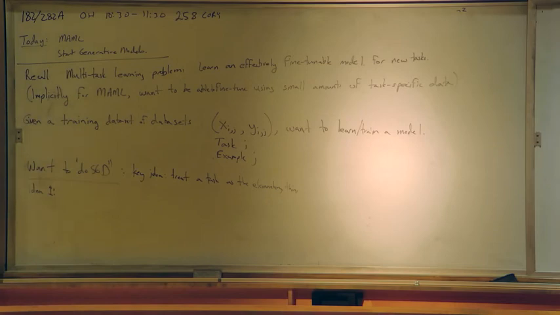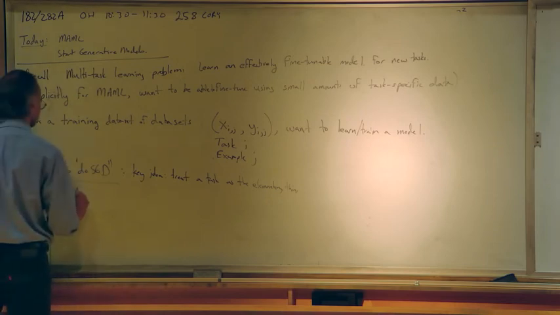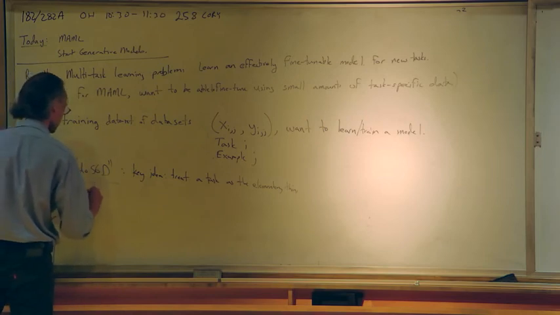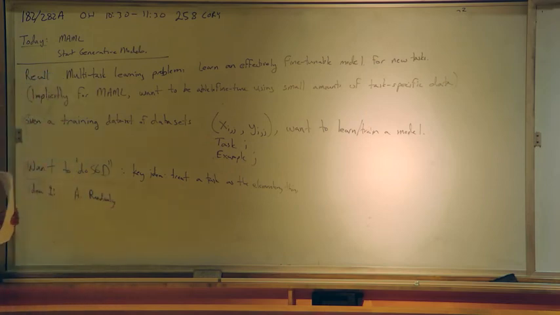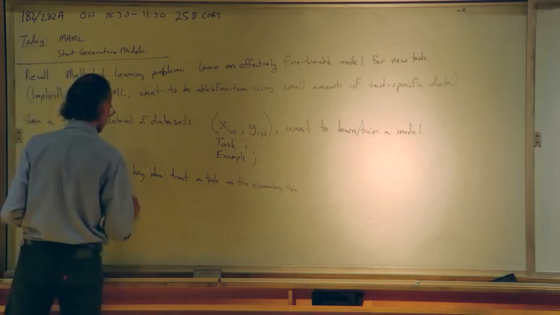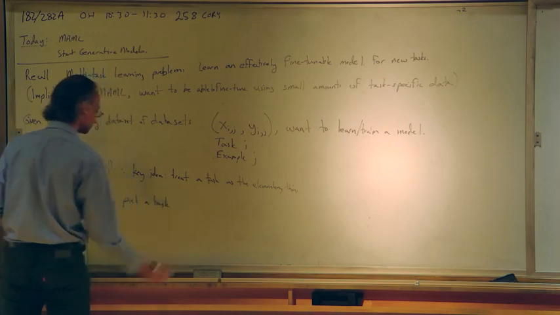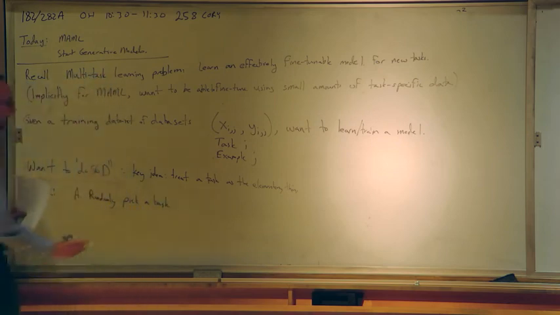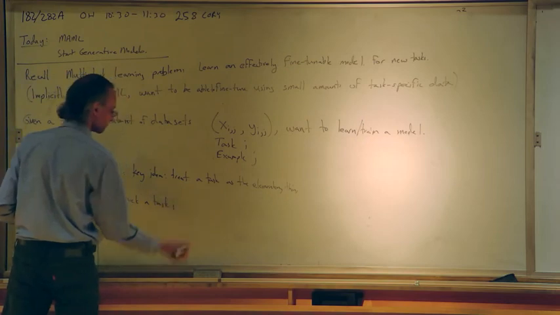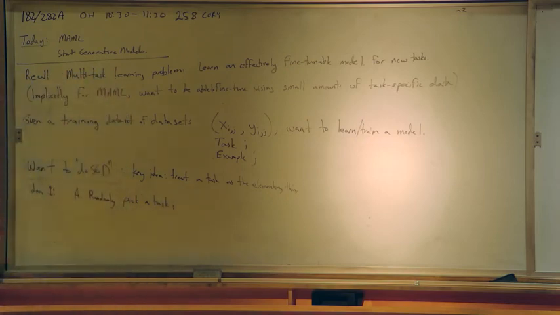We're going to do it in a few steps. First step, we're going to randomly pick. I'm not even going to talk about how we randomly initialize our network. Okay, we did that already. Maybe we started with a pre-trained network for some other self-supervised task. Consider that done. So we randomly pick a task. Okay, so this is a task i. Okay, so we randomly picked a task i.